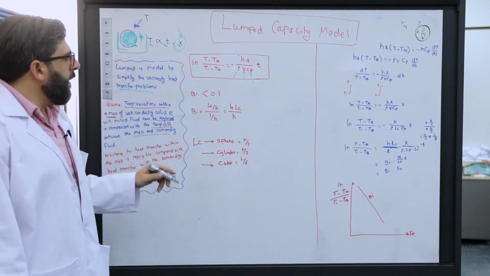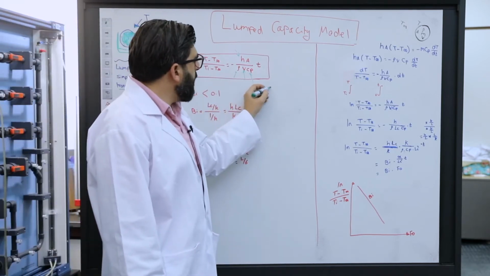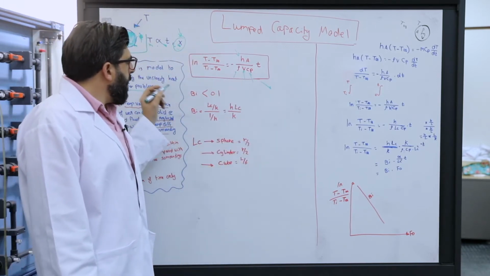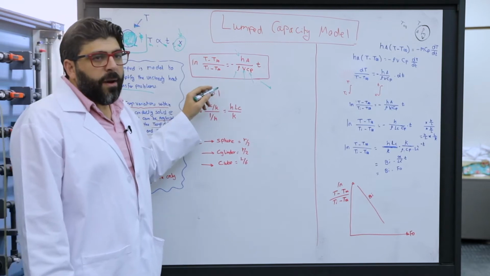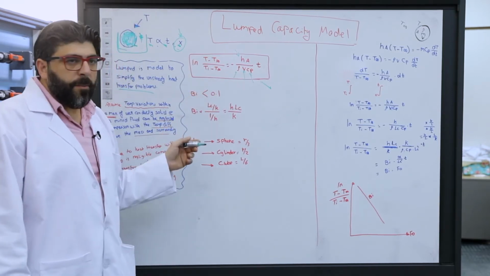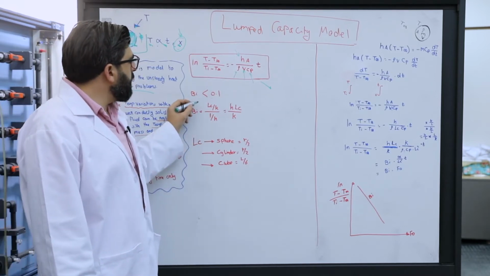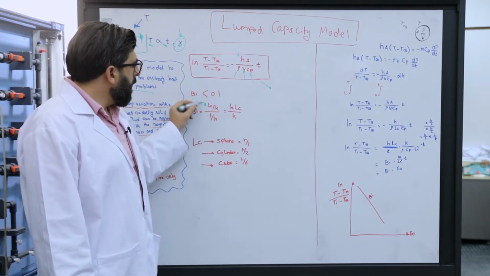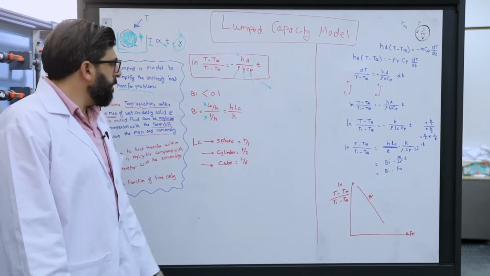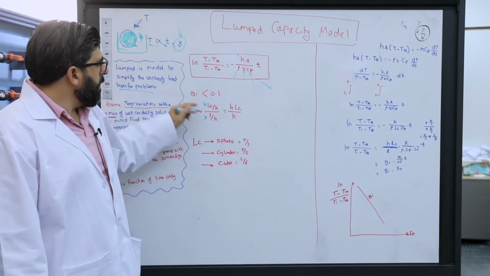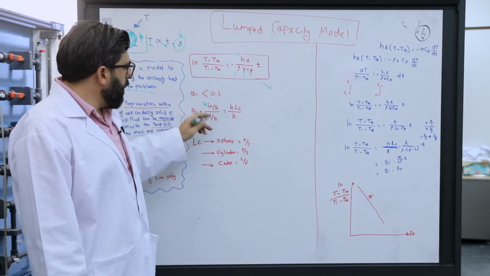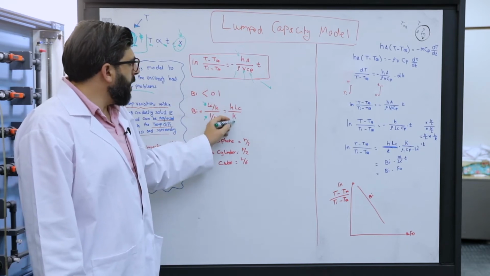But for this model to be valid, we should have a Biot number of 0.1 or less. So what is the Biot number? It is the ratio of the resistance to conduction over the resistance to convection, so if we rearrange it, Bi equals h Lc over k.